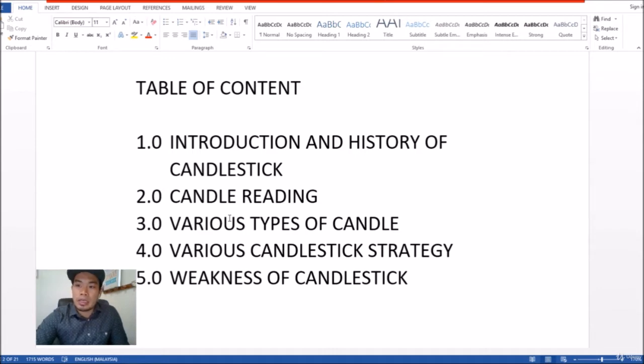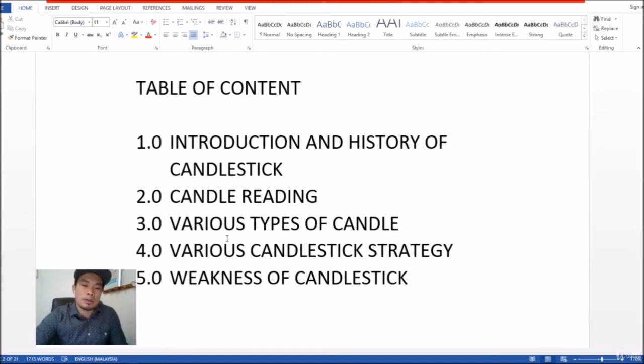All right, and I will share with you various candlestick strategies that people use to determine market trends a little bit, using candlesticks to determine the market trend. And also, last but not least, I will cover the weakness of candlesticks, right?